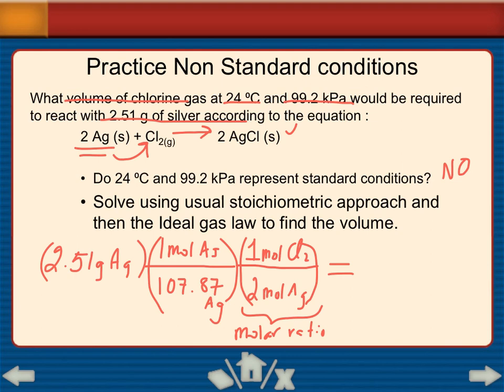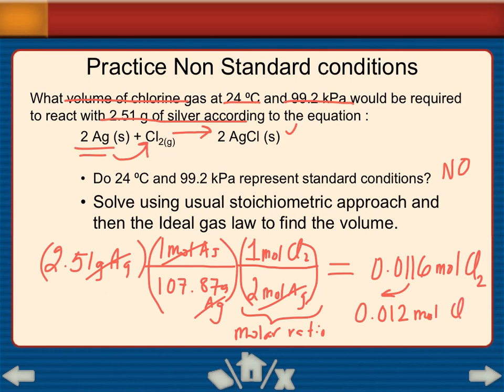If we take a look at our units, moles of silver cancel, and we will come up with a number of 0.0116 moles of chlorine gas, or we could round that to 0.012 moles of Cl2, given that we are operating with 3 sig figs in this amount of silver.